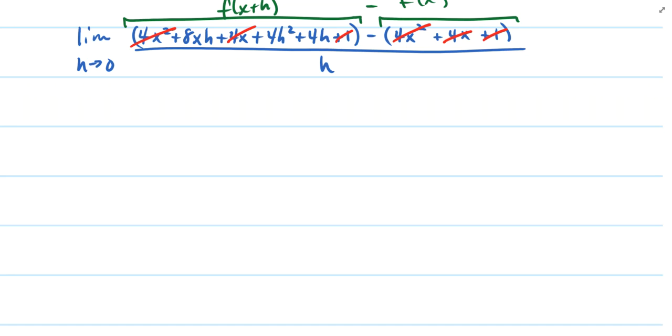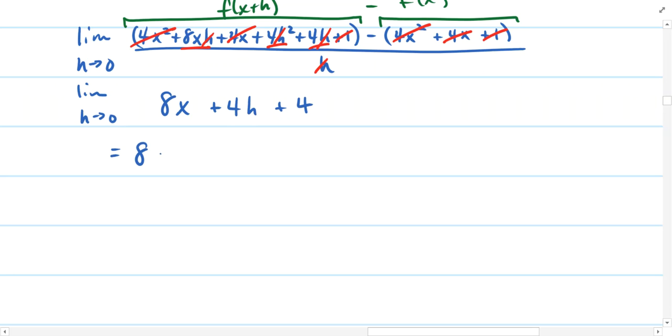Additionally, I notice that the remaining three terms contain an h with them, so those can disappear. And we can now say that the limit as h approaches 0 of 8x plus 4h plus 4 is going to be the derivative function, and as h approaches 0, we end up with 8x plus 4.